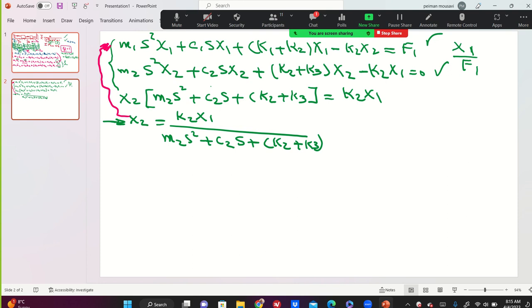So you know that you can factor out this x1 from here.